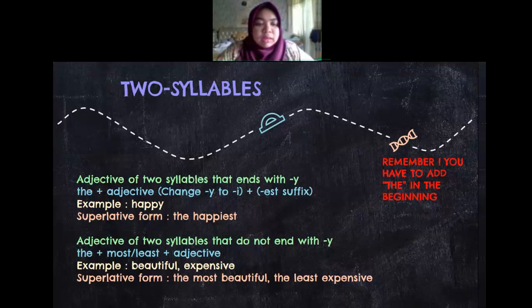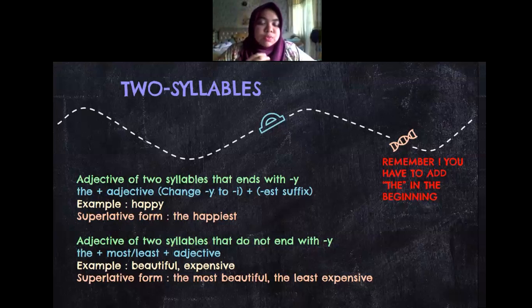And then adjectives of two syllables that do not end with y. Here, it is a bit different from the other forms, where it requires you to include "most" or "least". For adjectives that do not end with y, such as beautiful, expensive, what else? Adorable.